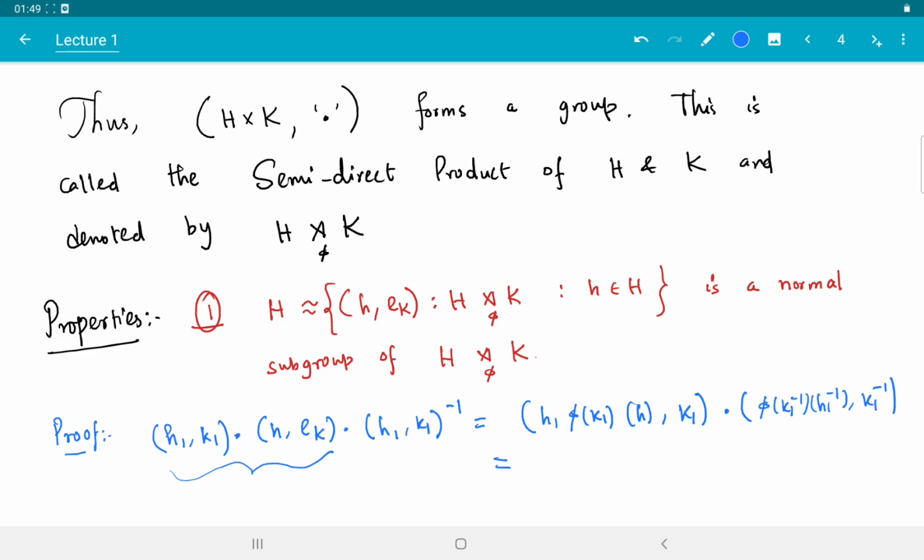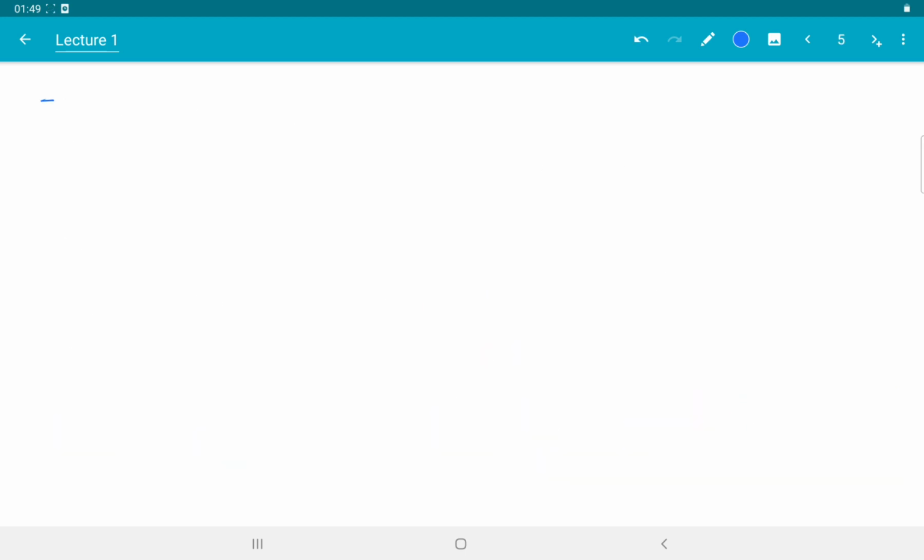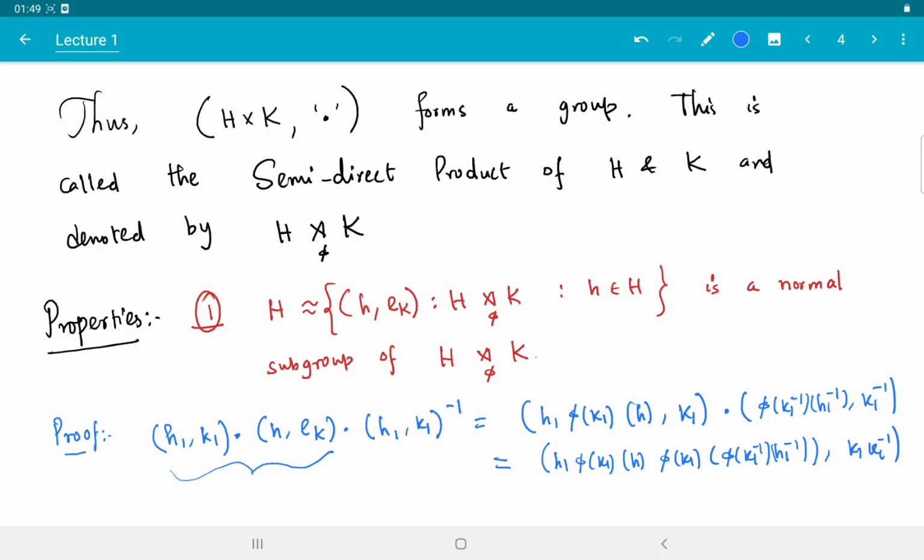So now I have to multiply it with (h1, phi_k1(h)). Now phi_k1 acts on phi_k1 inverse of h1 inverse, comma k1 inverse, and you can check that k1 times k1 inverse gives the identity map.